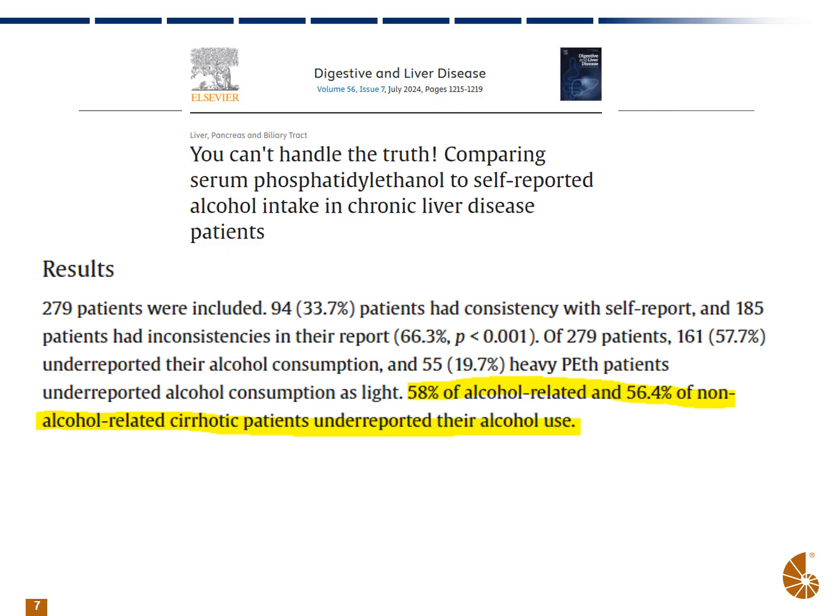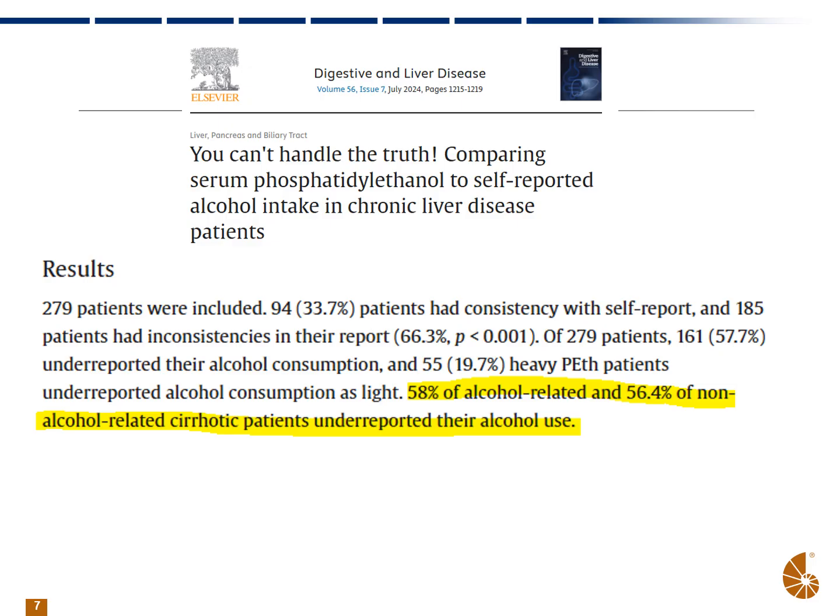So as we know, people tend to underreport their alcohol use, and this is an article called "You Can't Handle the Truth," and it compared phosphatidylethanol levels in chronic liver disease patients, and even chronic liver disease patients that were not supposed to be drinking underreported their alcohol use by a significant degree, more than half.